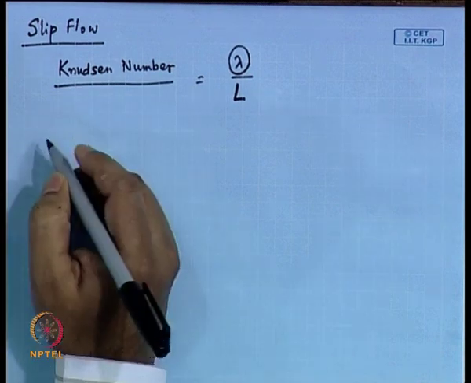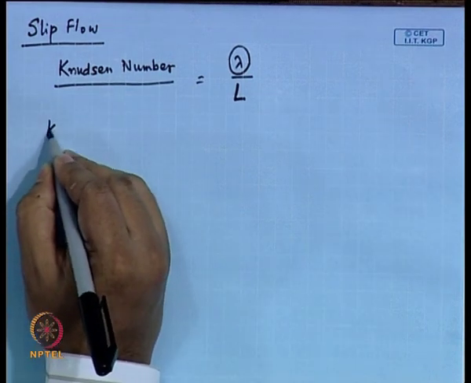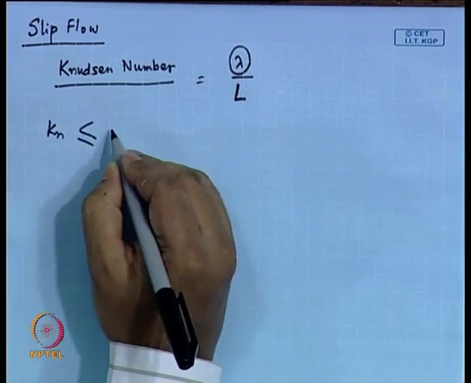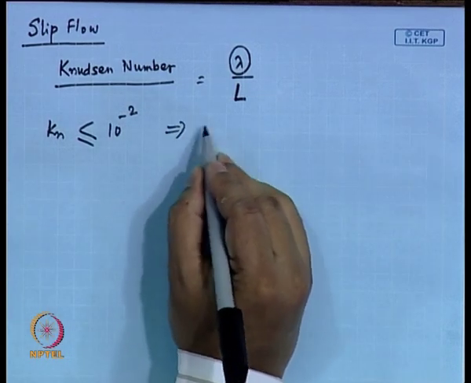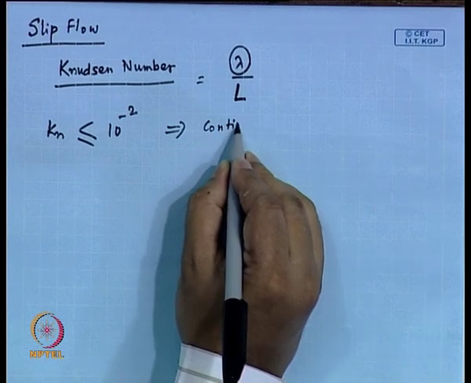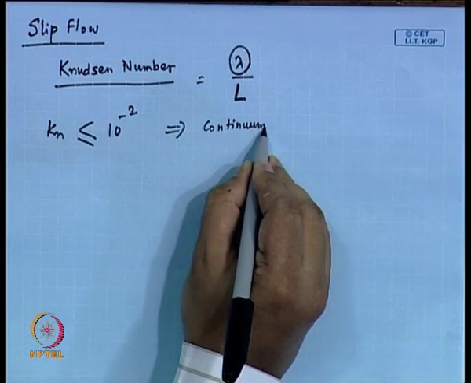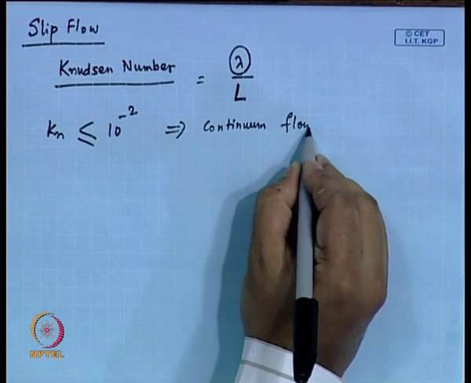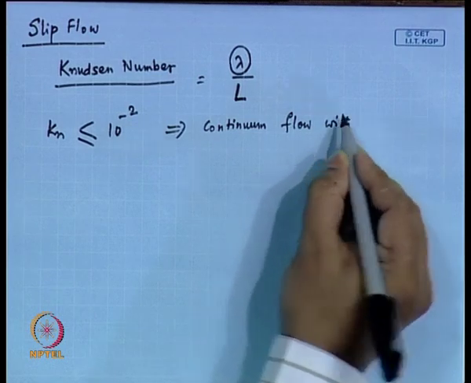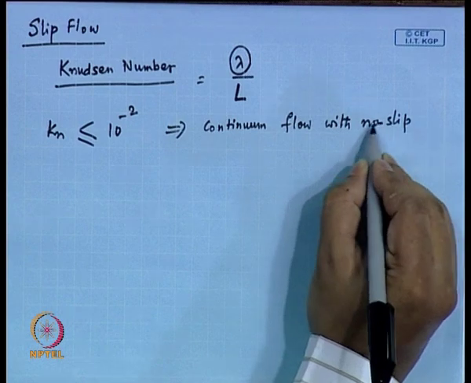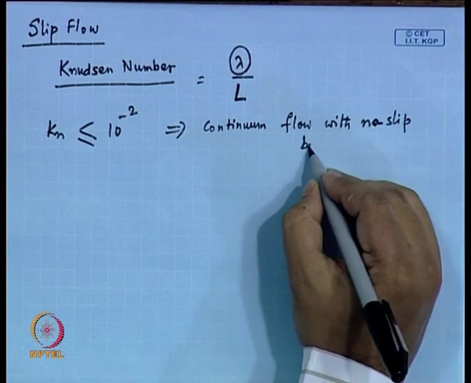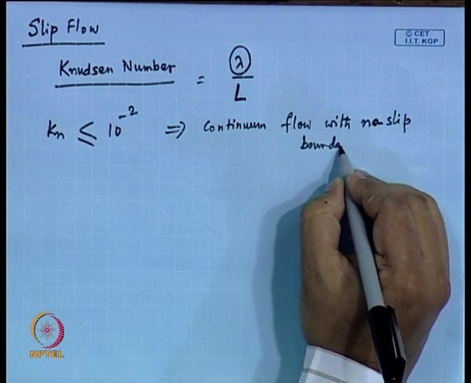The numbers are like this: if the Knudsen number is less than or equal to 10 to the power minus 2, this implies continuum flow with no slip boundary condition.